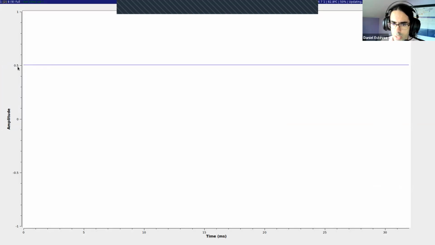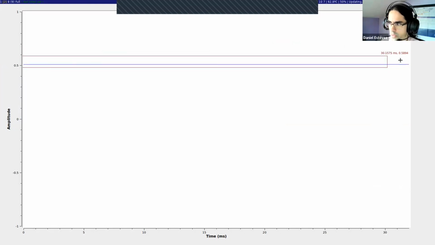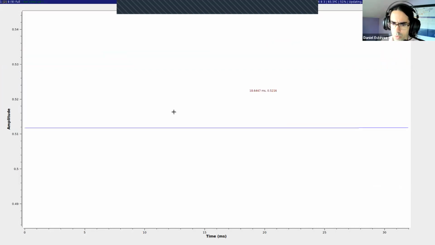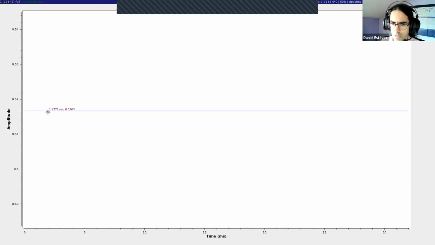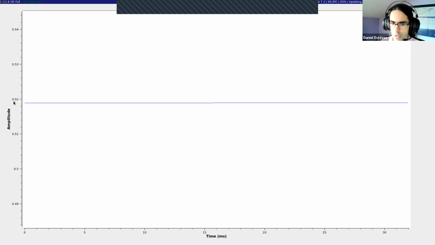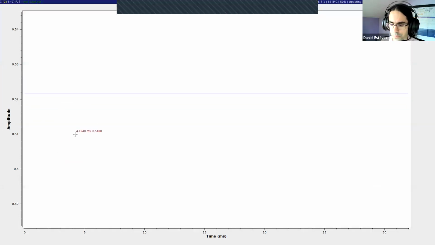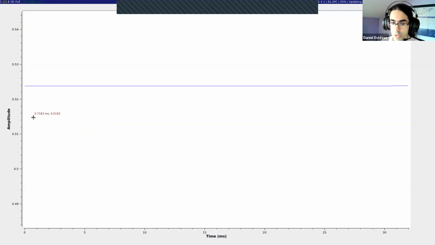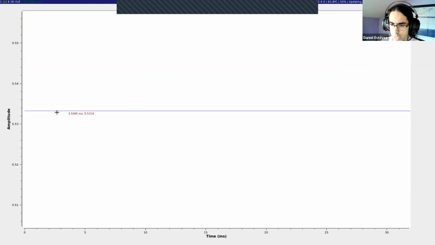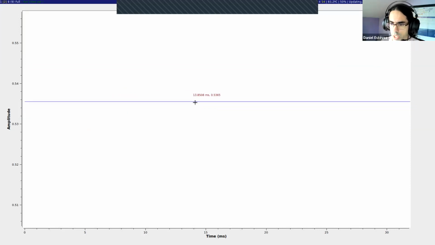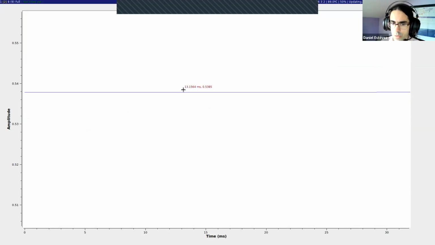So something interesting is that it starts at 0.5 rather than 0. We will fix that in a moment. And if I zoom in, I can see that this is increasing in value slowly. So now it's 0.52, etc. And it will take 500 seconds to reach 1. So I'm not going to wait. Basically, the thing I want to make clear is now we have something that we can use to generate our Doppler frequency or simulation.